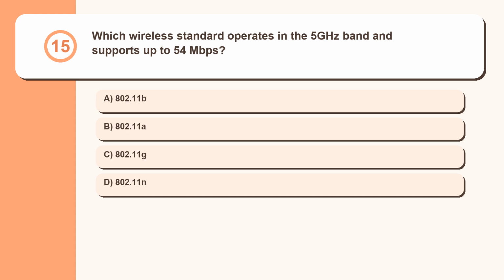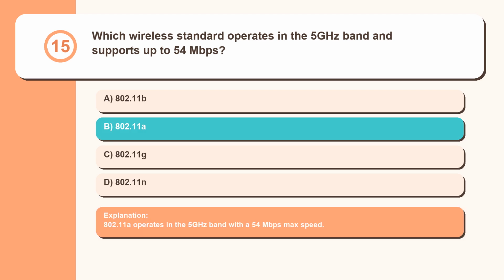Question 15. Which wireless standard operates in the 5 GHz band and supports up to 54 Mbps? 802.11b, 802.11a, 802.11g, 802.11n. 802.11a operates in the 5 GHz band with a 54 Mbps max speed.